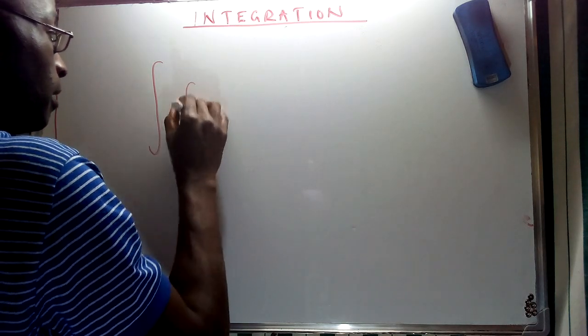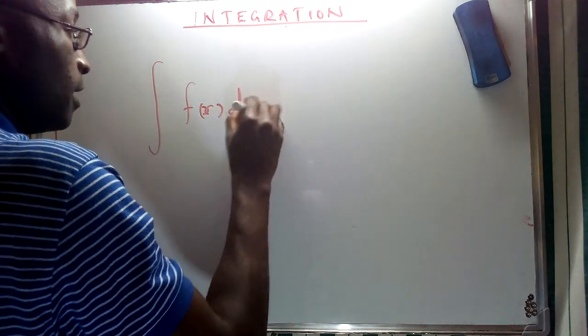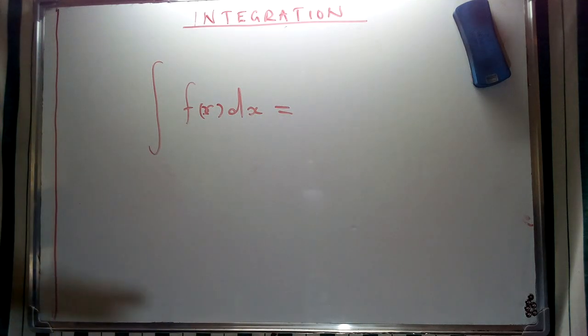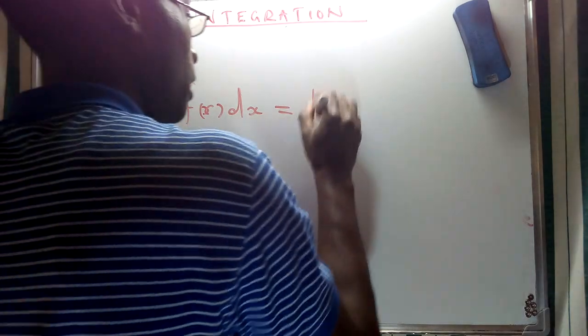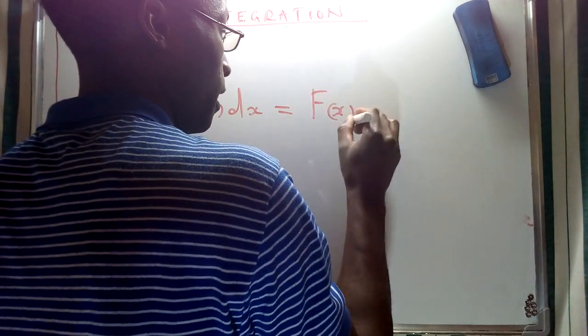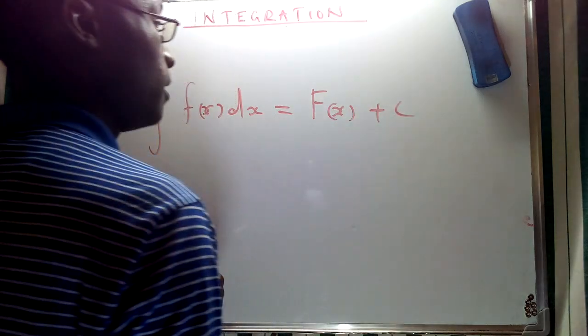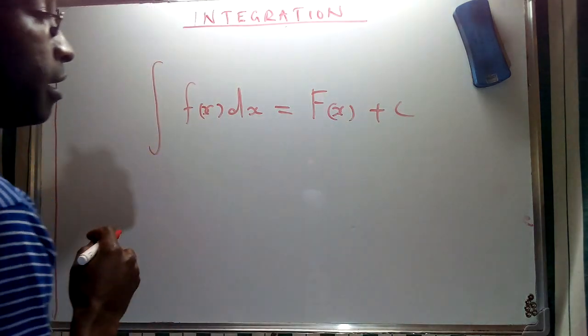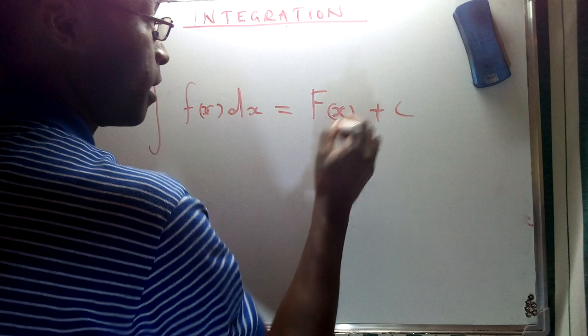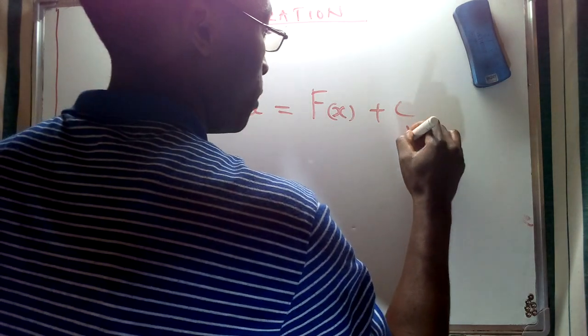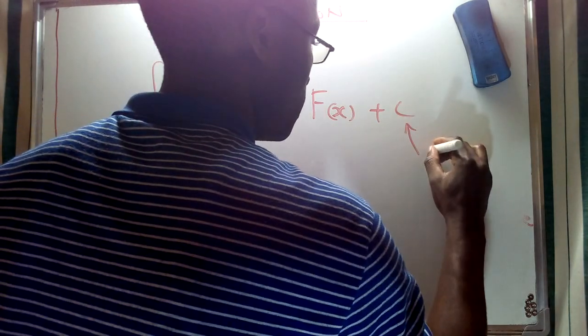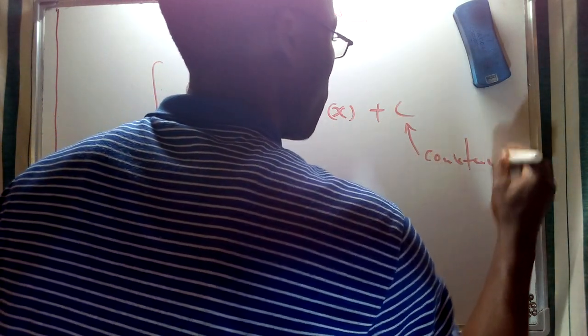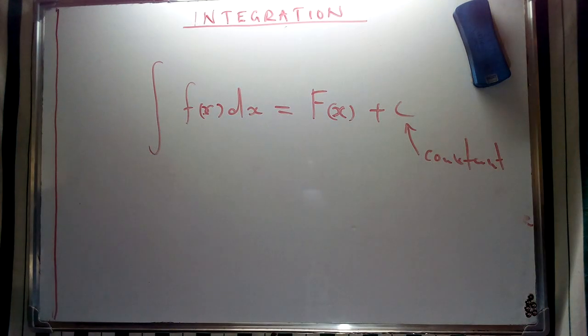So the integral of f of x dx is given as F of x plus c, where F is a function or an integral, and c refers to what we call a constant. We're going to elaborate more on that constant whenever we use specific examples.